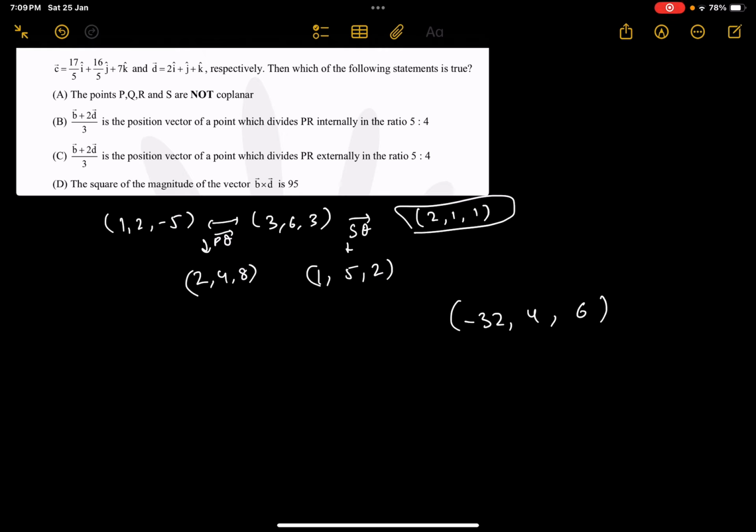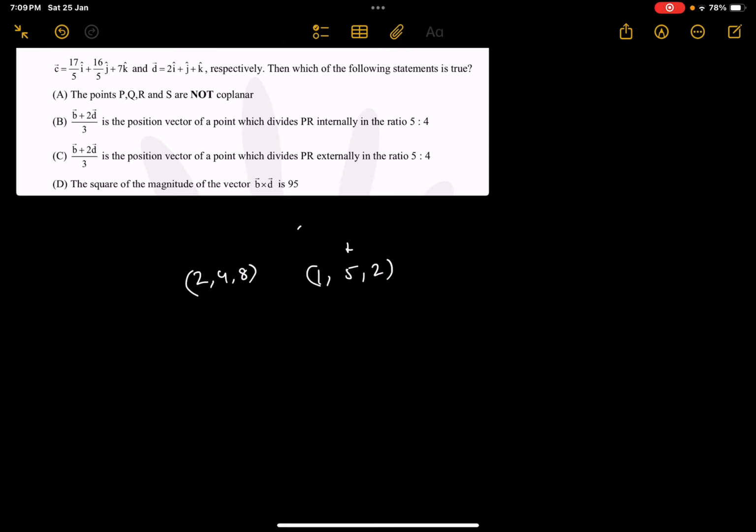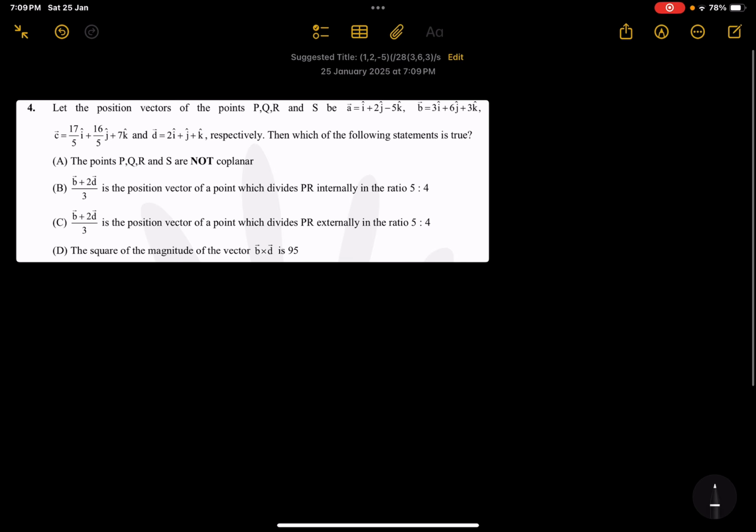Okay, now let's check the B option. B plus 2D vector upon 3 is the position vector of the point which divides PR internally in the ratio 5:4.